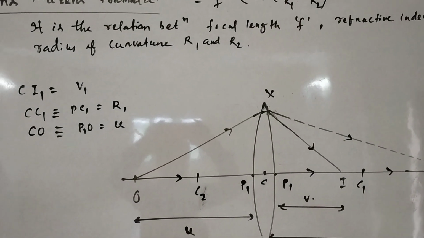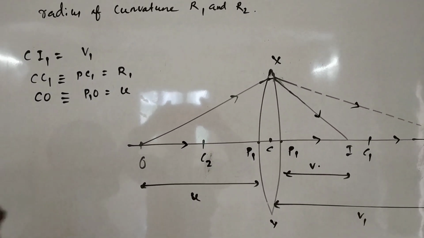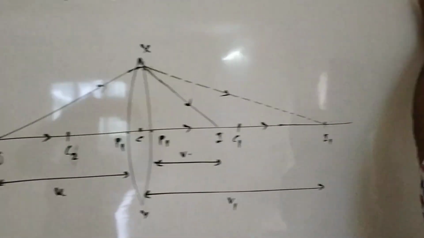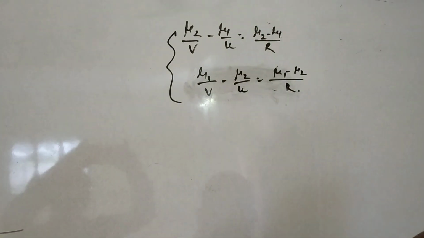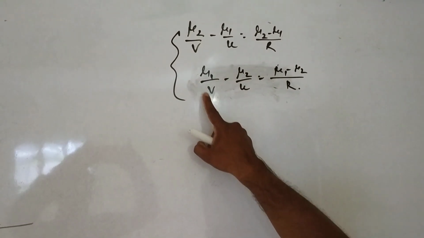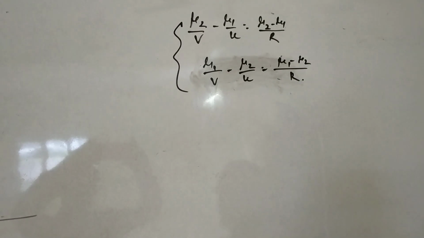In this case, we require two formulas. The first formula is mu2 by v minus mu1 by u equals mu2 minus mu1 by r. The second one is mu1 by v minus mu2 by u equals mu1 minus mu2 by r.